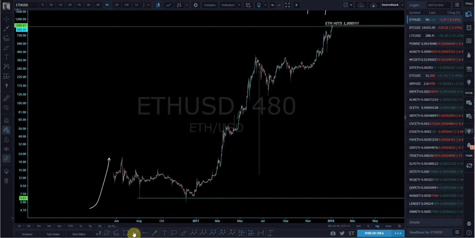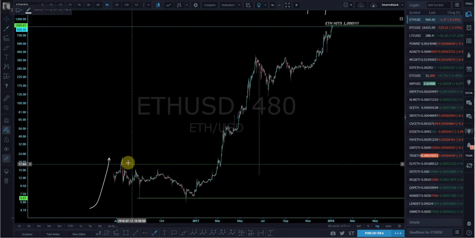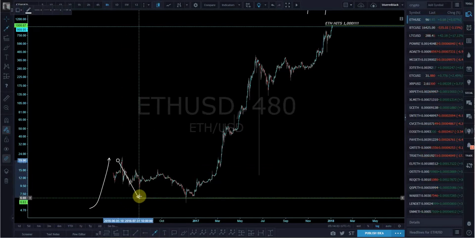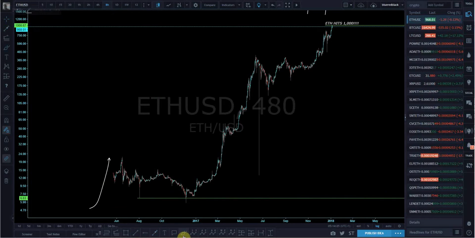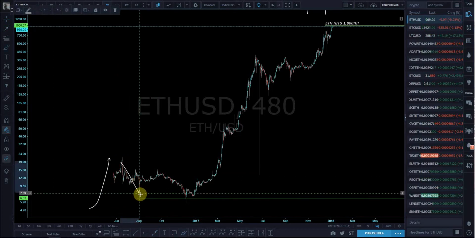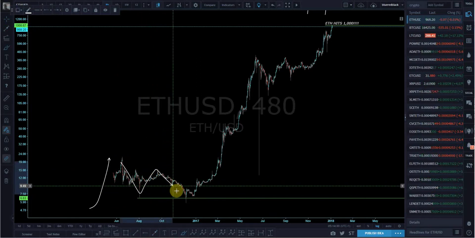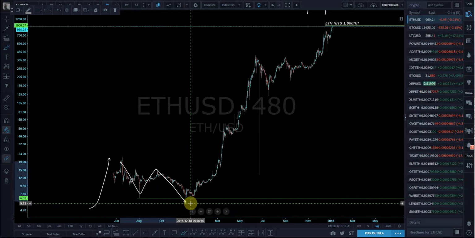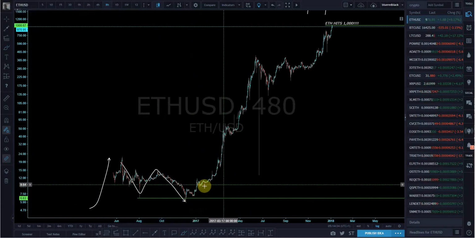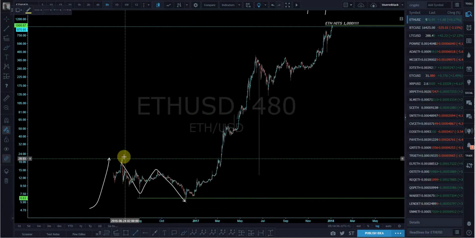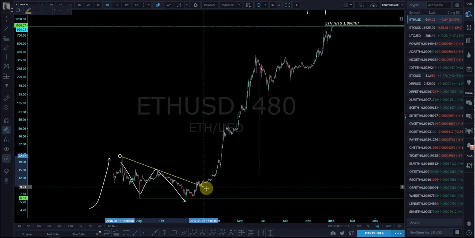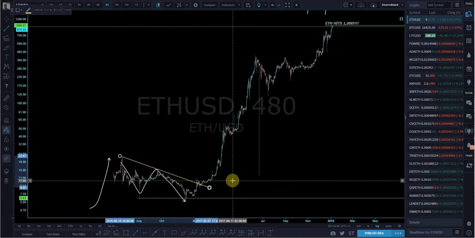So what you'll have is a 1, 2, 3 before resuming the trend. So when patterns like this happen, I like to draw the trend line here.